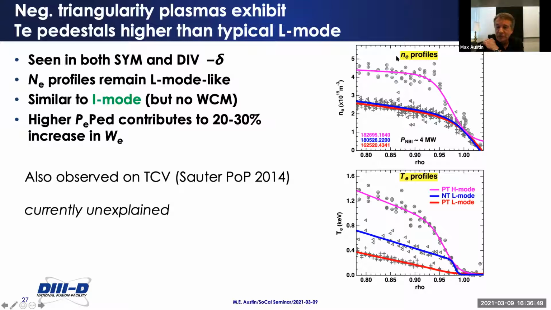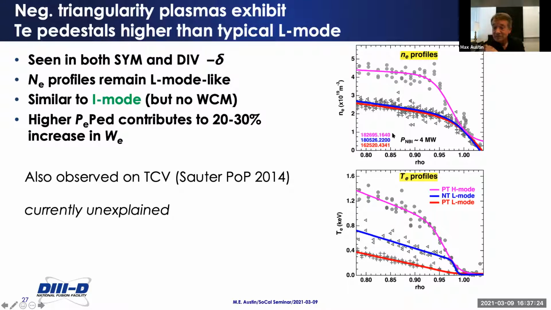The magenta one is a standard H mode. It's not the matched one. It's just a random H mode. And again, you can see the very high density and the steep density profile, and also the high electron temperature at the edge. Shown in red is a standard typical L mode discharge, not related to negative triangularity. All three of these cases are at 4 megawatts.